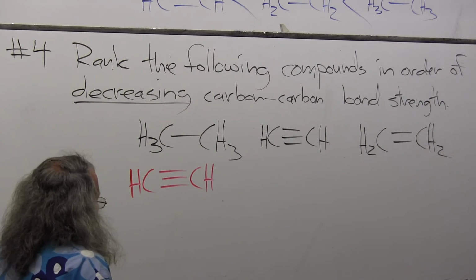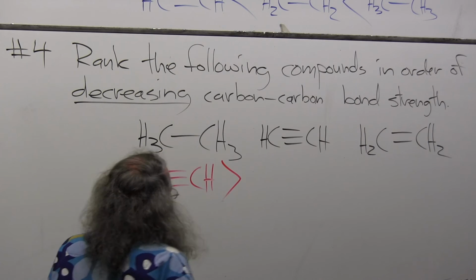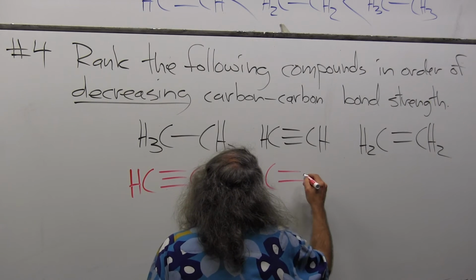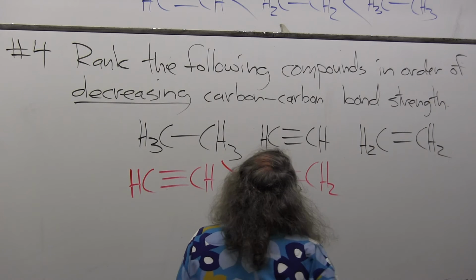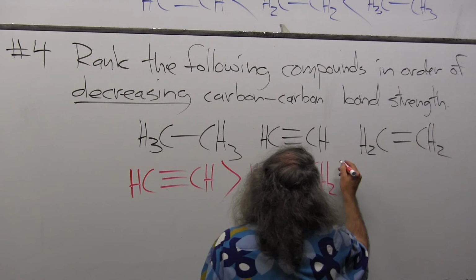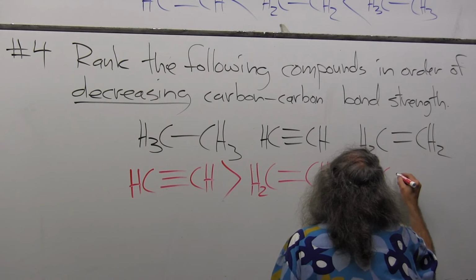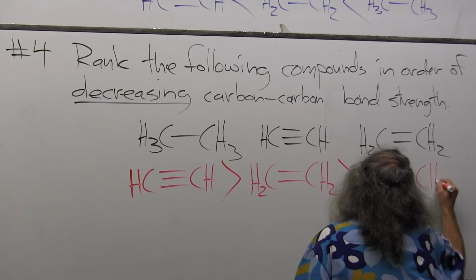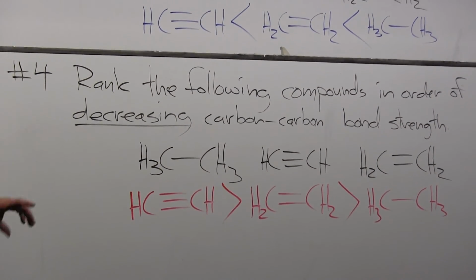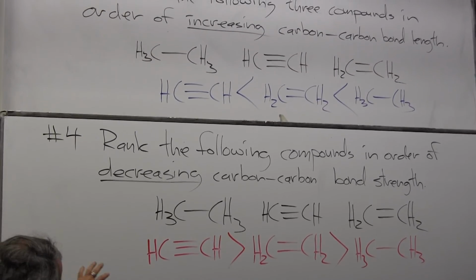And that is stronger than, so I'll say greater than, the double bond, which I'll denote with an H2C double bonded to a CH2, which is, again, stronger than a single bond, which I'll denote with an H3C single bonded to a CH3. So that notation, which is consistent, answers this question. What I would expect to see on the test would be this.